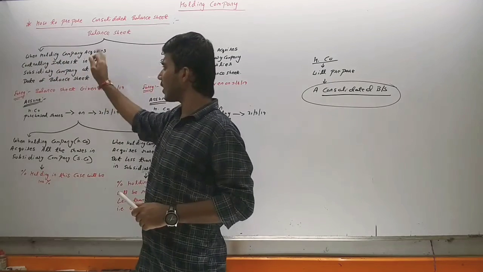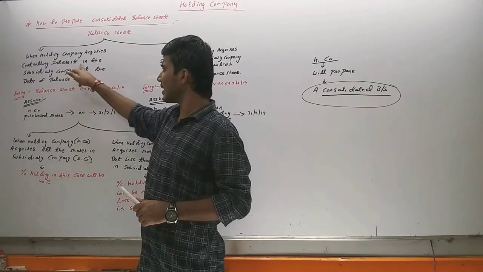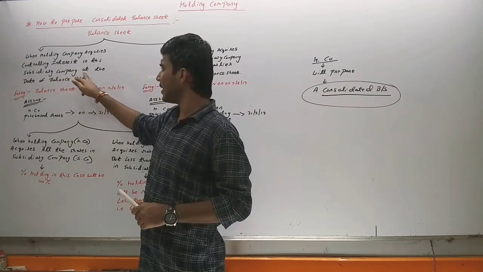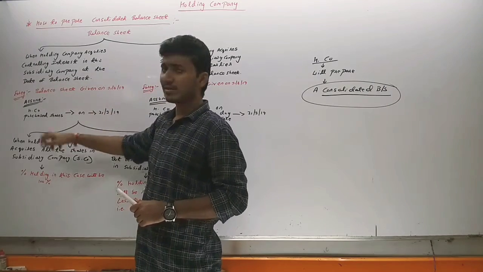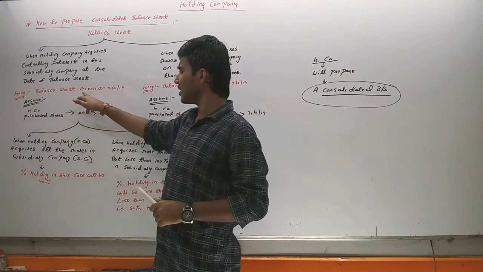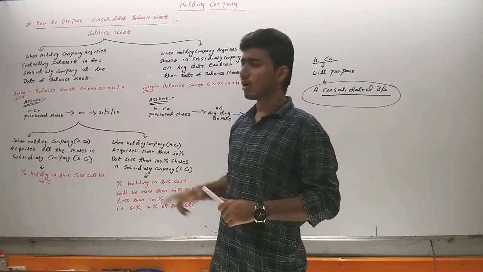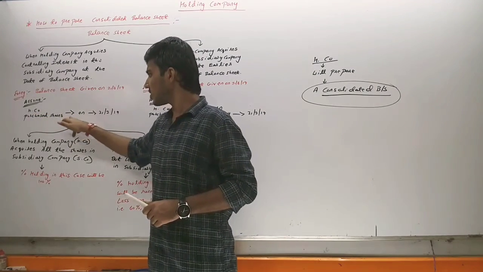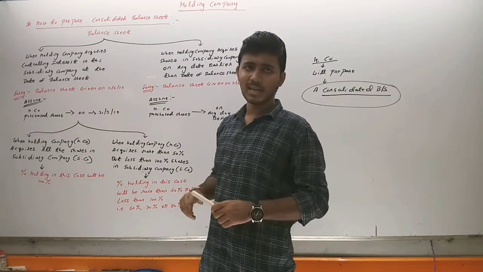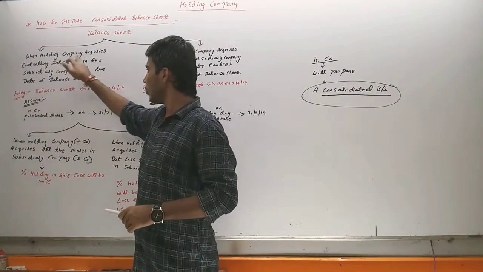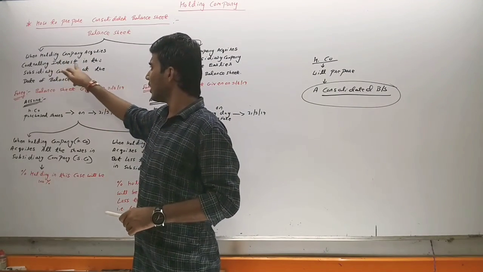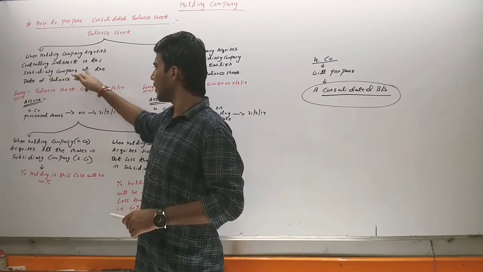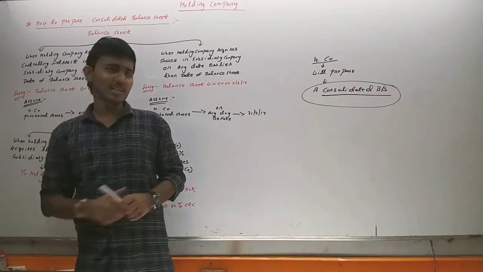When the holding company acquires controlling interest in the subsidiary company at the date of balance sheet. For example, the balance sheet is given on 31st March 2019, and assume the holding company purchased shares on 31st March 2019. So once again, when the holding company acquires controlling interest in the subsidiary company at the date of balance sheet.